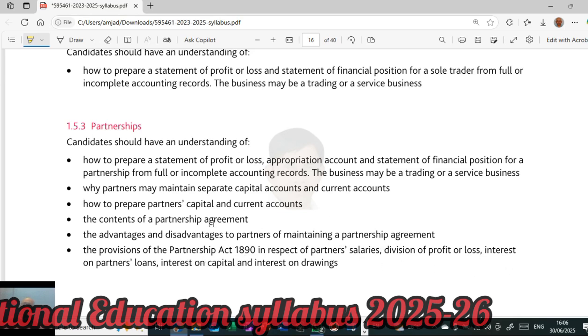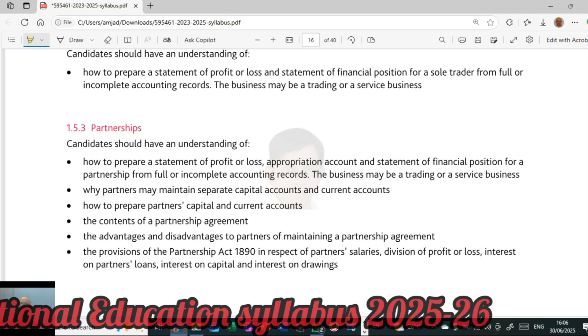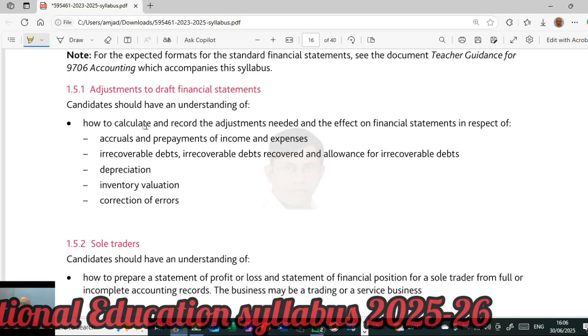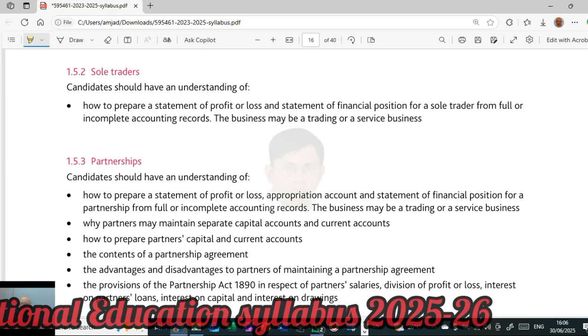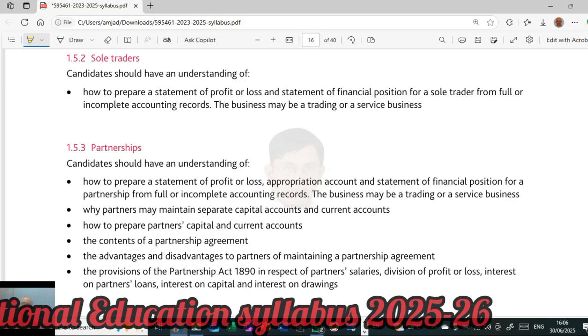All these things have to be very clear, and you should know all these concepts and their application. You will be given adjustments related to these concepts, and you will be applying the relevant knowledge while preparing financial statements of partnership firms.